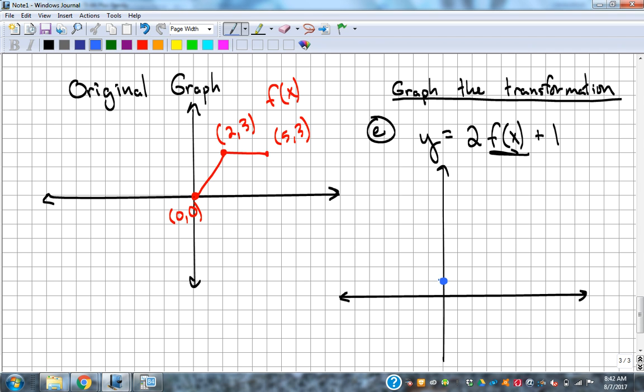So 2 times the y value would make that point at 2, 6. And then we're moving up 1 from there. So that would be at 2, 7. So this is at 0, 1. This is at 2, 7. And then this one, 5, 3. It's got the same y value as that one, so it should be the same new y value at 5, 7.